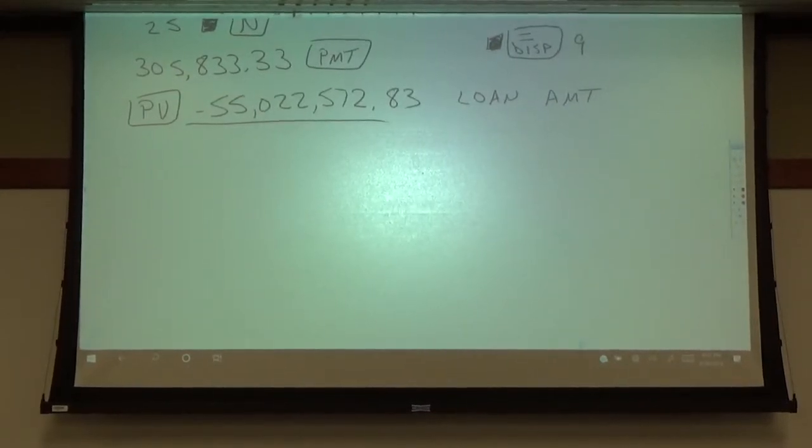Yeah. Okay, so in this case, if this is the loan amount, that represents 75% of the total, correct? Or 75% of the value. So we can simply take this amount divided by 0.75, and then that should give us the implied value of the property.